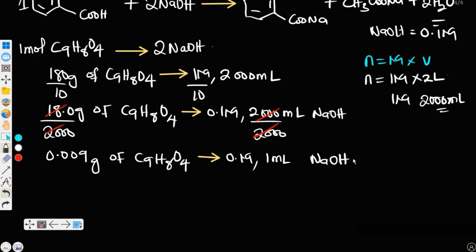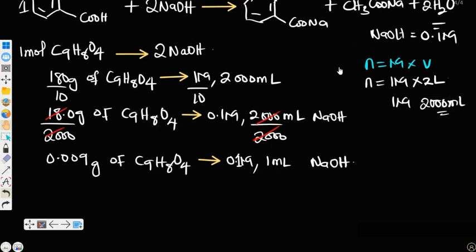Now, the interpretation of this is that for 1 ml of 0.1 molar sodium hydroxide, the amount of aspirin that will react is 0.009 gram.